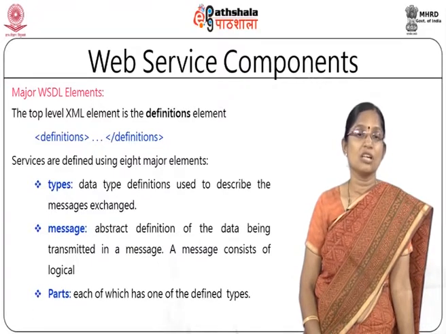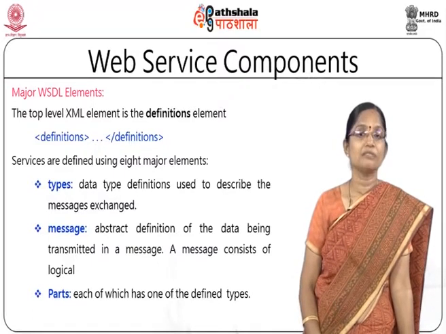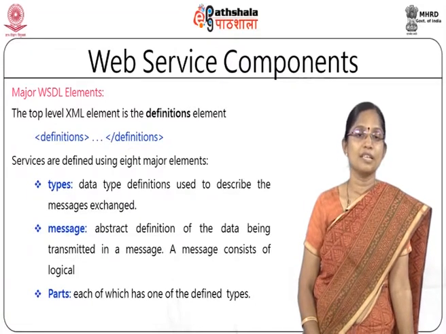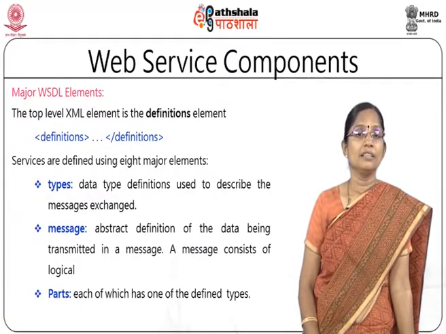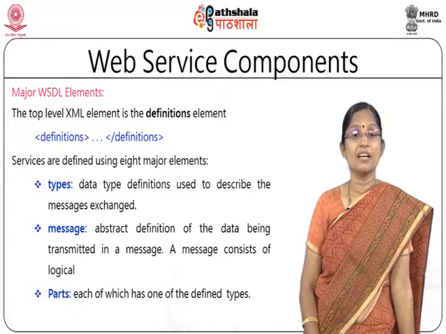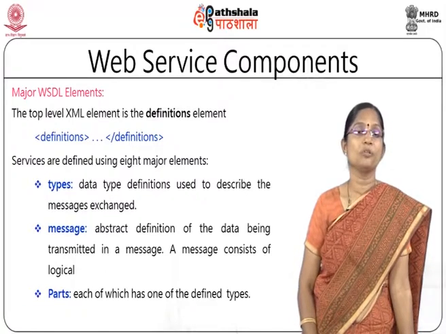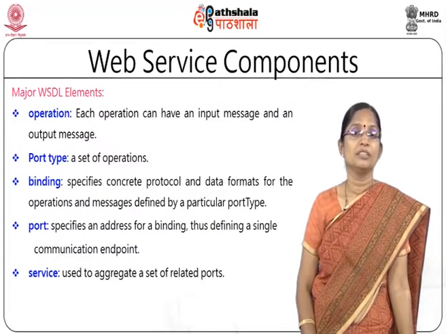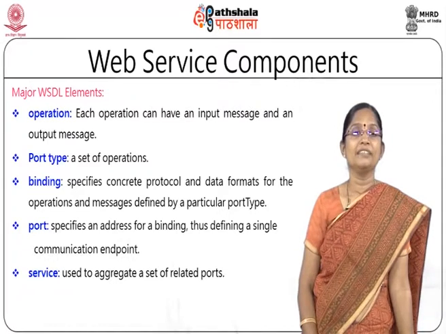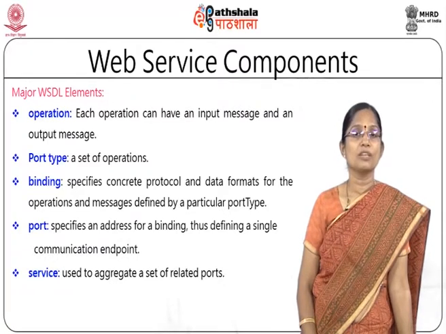Then message. It is the abstract definition of the data being transmitted in a message. The message may consist of logical parts, and every logical part is going to have one of the defined types. Then operation. Every operation in WSDL is going to have an input message and an output message.